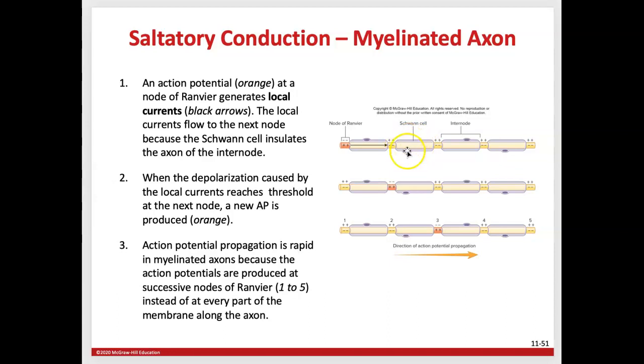So we don't have to wait for stuff to leave and enter the cell in order for that impulse to travel from here to here. The action potential at the node of Ranvier, right here at the gaps, generates local currents. The local currents flow to the next node because the Schwann cell insulates the axon at the internode, or basically in between.